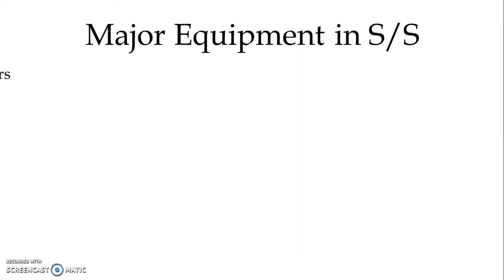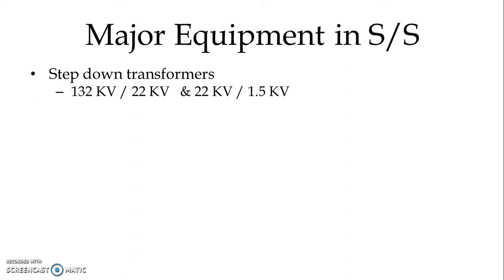Now let us discuss major equipment which is installed at the DC substation. Step down transformers. We have two stage step down transformers, 132 kV to 22 kV and 22 kV to 1.5 kV. Circuit breakers. We have circuit breakers on the AC side as well as on the DC side.